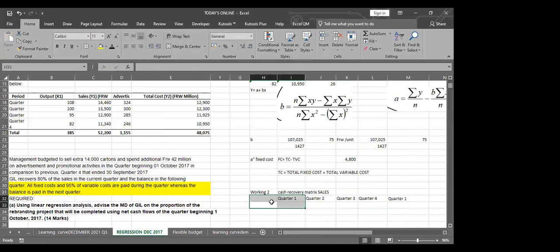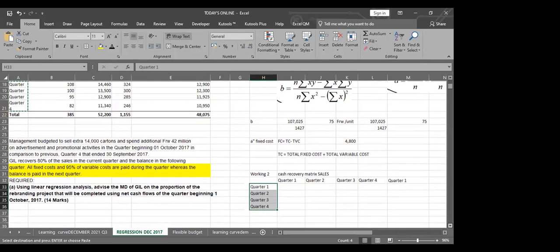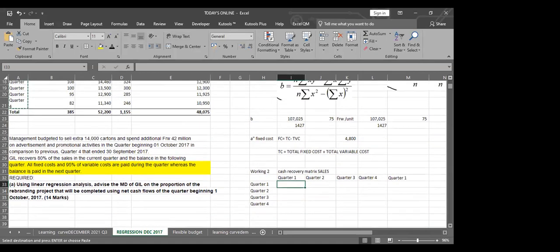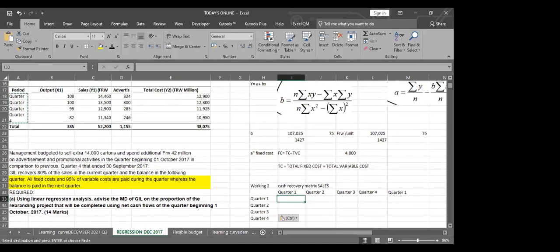So if you check again, the sales are running per quarter. So I only need to display the quarters running 1 to 4 here. So I need to recover. Let's see how much I can recover in each quarter, and I would easily notice what I need to deal with. If you check, this is the sales.